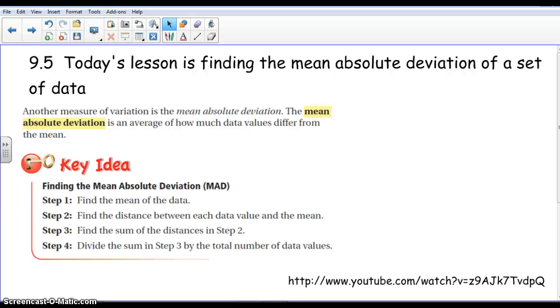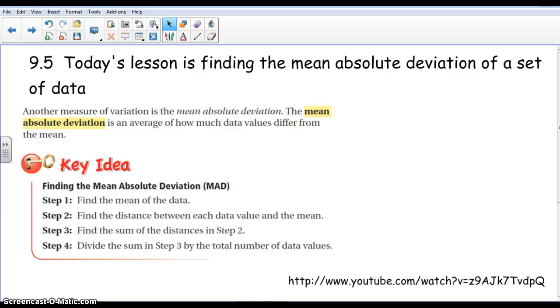The first clue he gave you was to get rid of any signs. Any negative signs, it doesn't matter. The deviation is either lower than that number or higher than that number. We just want to know how many digits it is from that number. It doesn't matter if it's higher or lower. Step 3, find the sum of the distances in step 2.